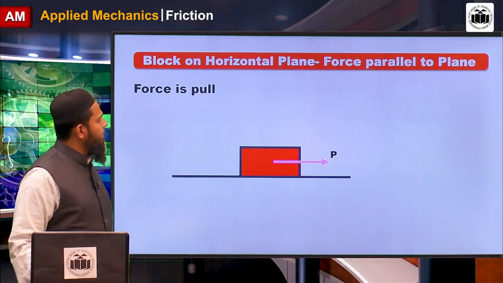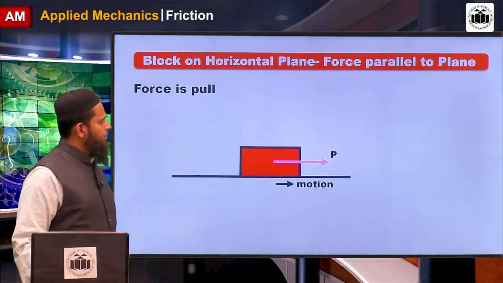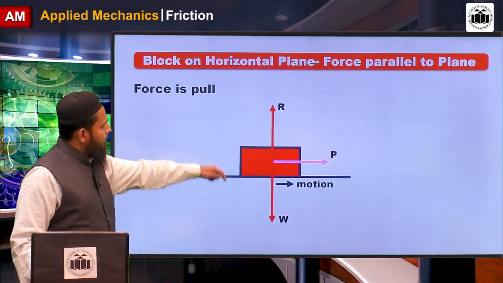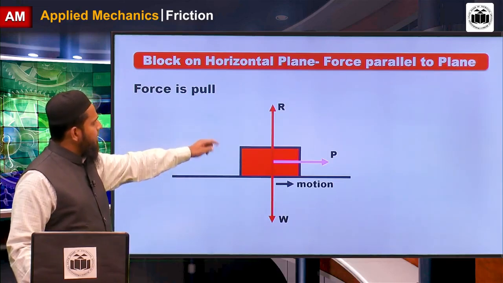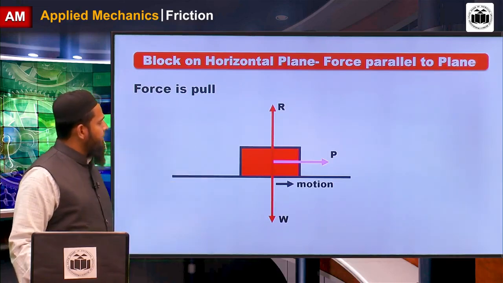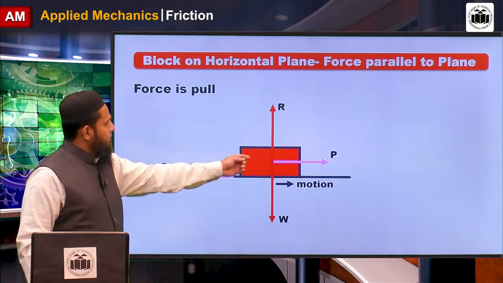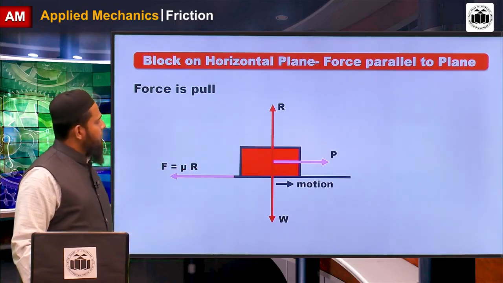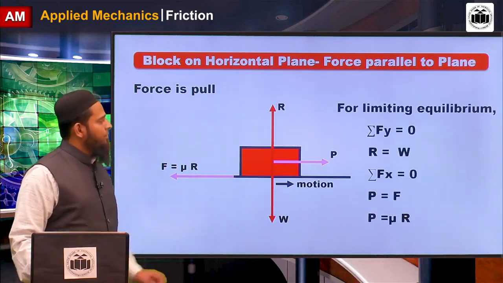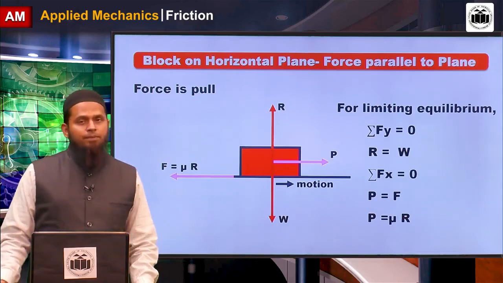What is the free body diagram of this? Self weight is vertically downward direction, normal reaction is vertically upward direction, and the most important, when motion is in this direction, it is opposed by the frictional force, which is called mu R. For this, we can use limiting conditions of the equilibrium.